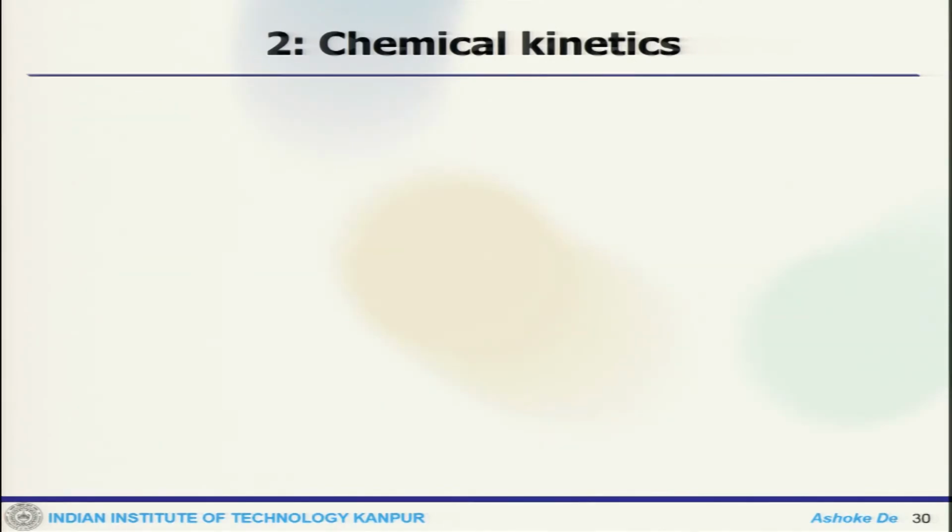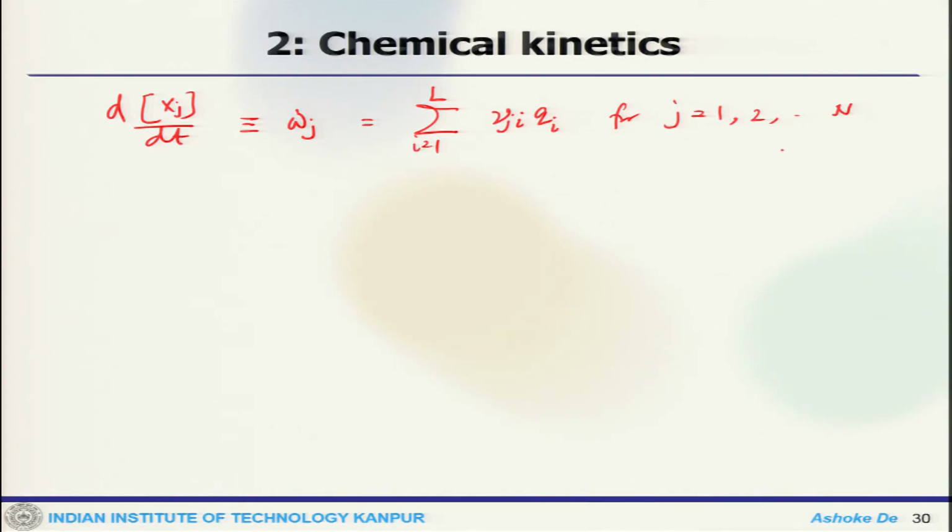Now, once that is formed, for a multi-step mechanism, the net production rate for this species is omega dot j, which is a sum over all the reaction steps of nu j I and q I, for j going from 1 to n. In this equation, nu j I is the difference between the reverse stoichiometric coefficients and the forward stoichiometric coefficients.